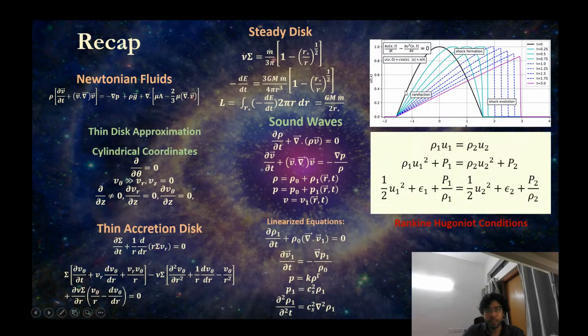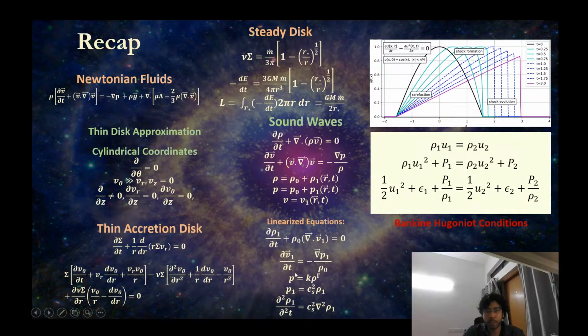If we put these values of rho, p, and v in these two equations and consider only terms up to linear order, then you get these two equations: del rho 1 by del t plus rho naught del dot v1 equals 0, and del v1 by del t equals minus grad p1 by rho naught.